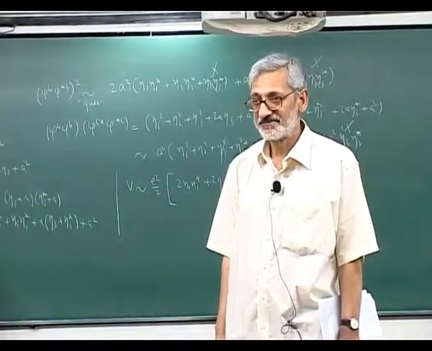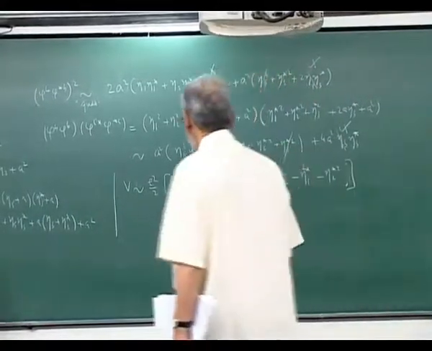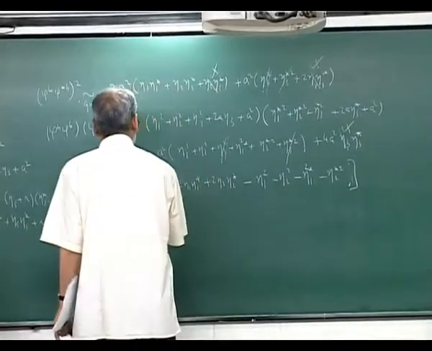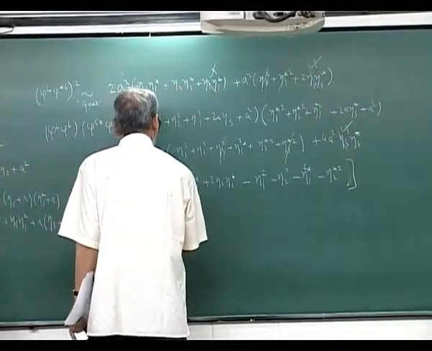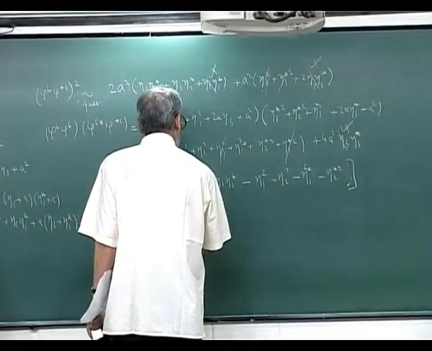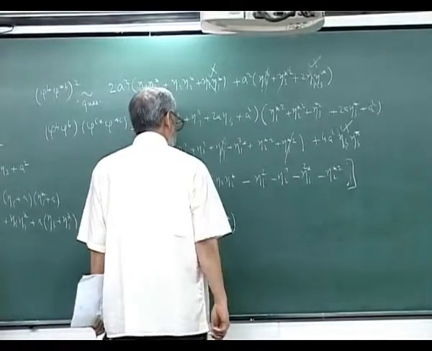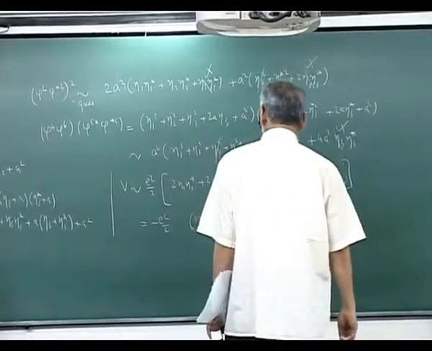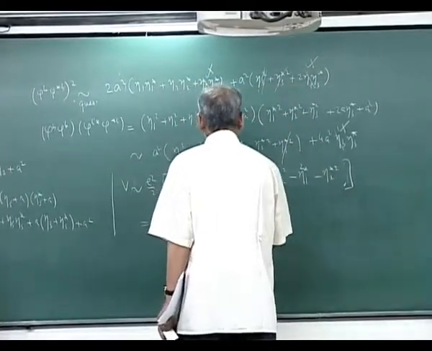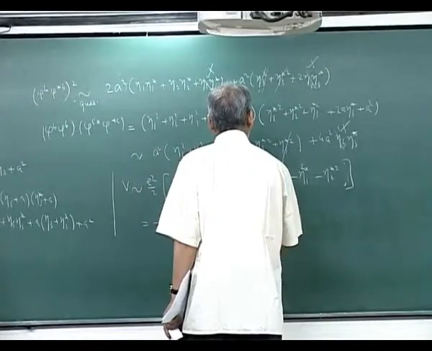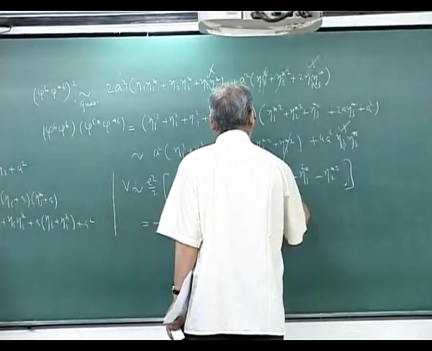Is that clear? And that is minus e square by 2, eta 1 minus eta 1 star square plus eta 2 minus eta 2 star square.